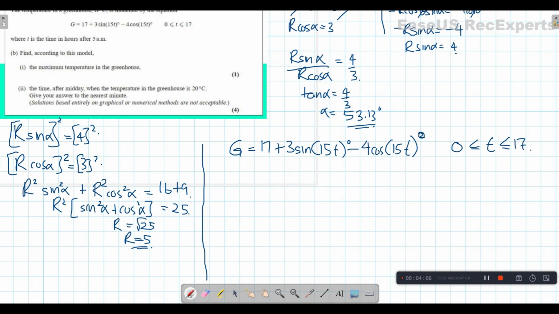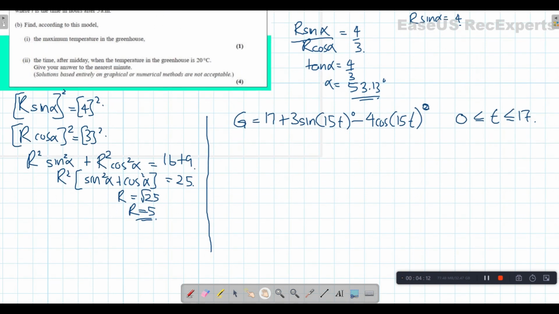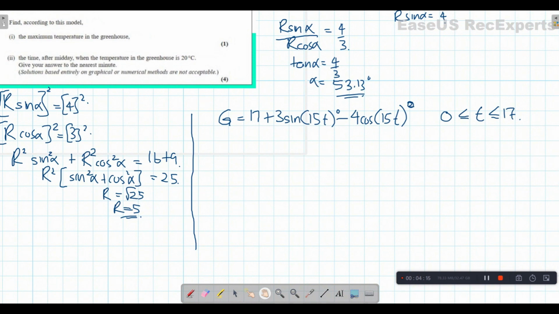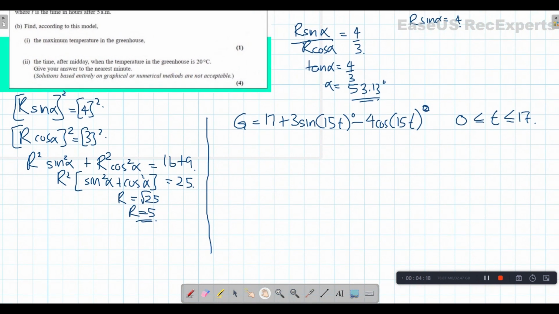Degrees, not squares, degrees. But t is the time in hours after 5 a.m. Now what is the maximum temperature in the greenhouse?